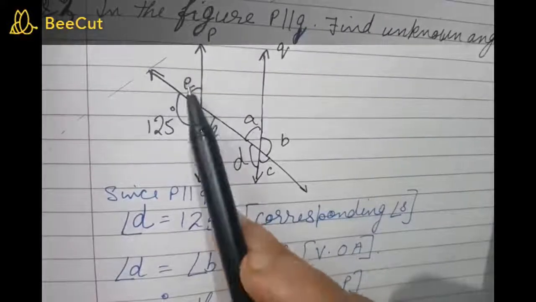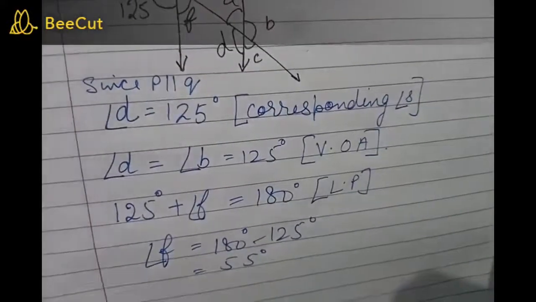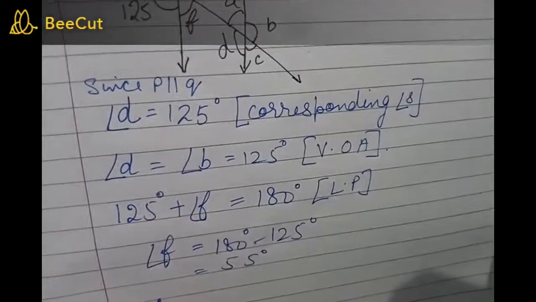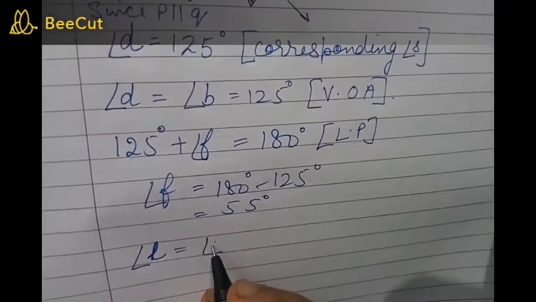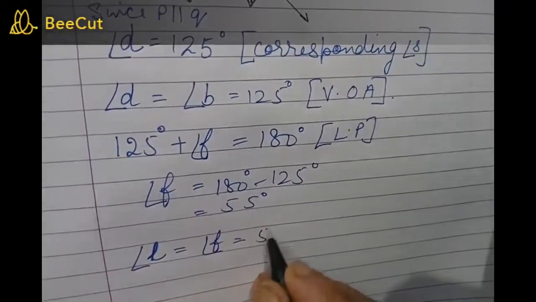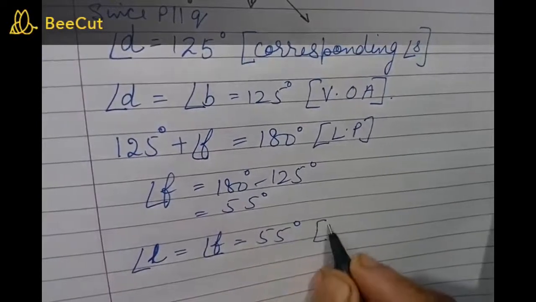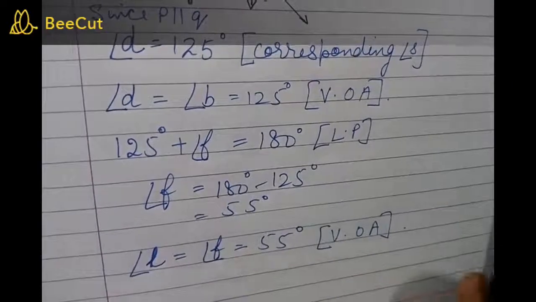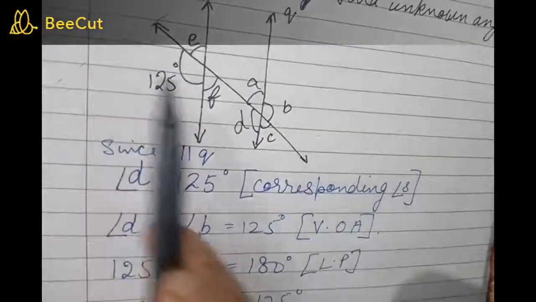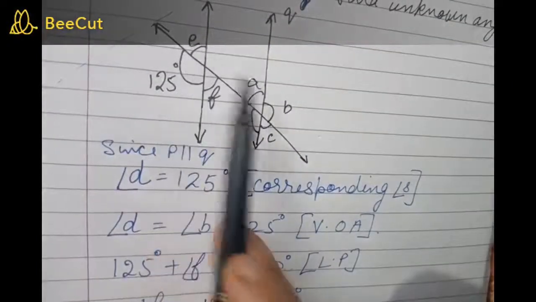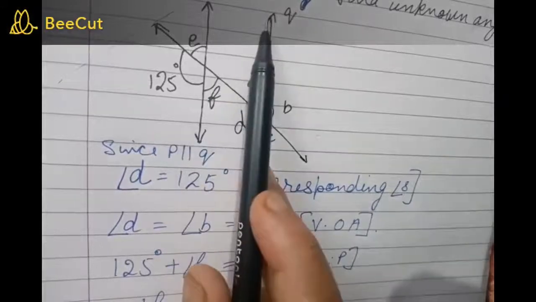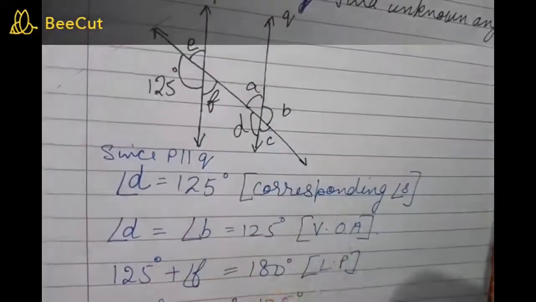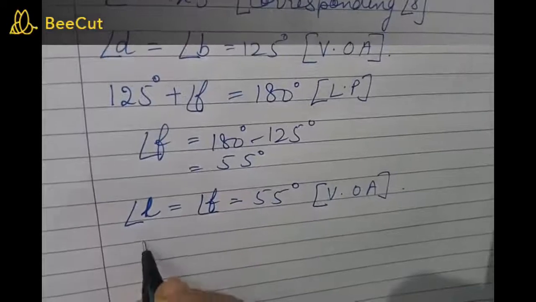F and E are again vertically opposite. So angle E is equal to angle F is equal to 55. The reason, vertically opposite angles. Now same like 125 and D, E and A are on the right hand side of the parallel lines P and Q. Therefore they are corresponding.